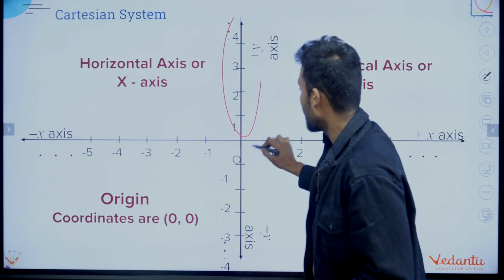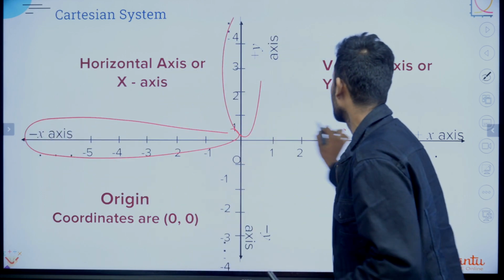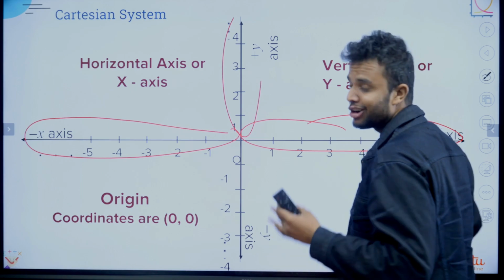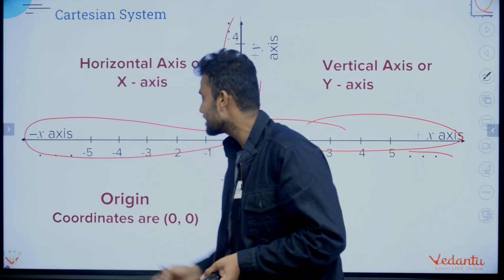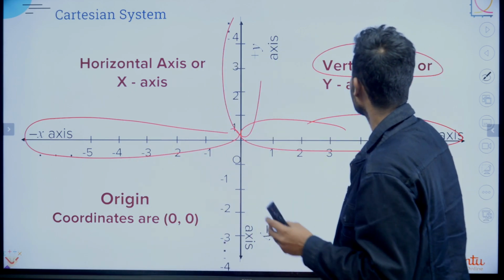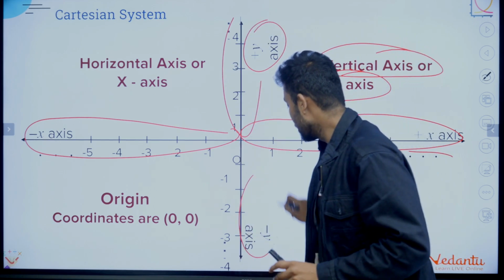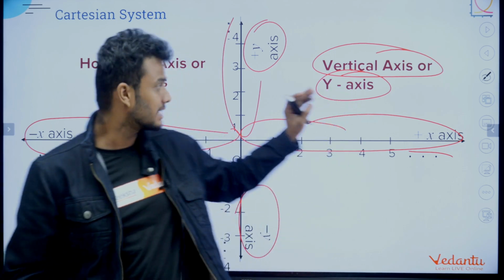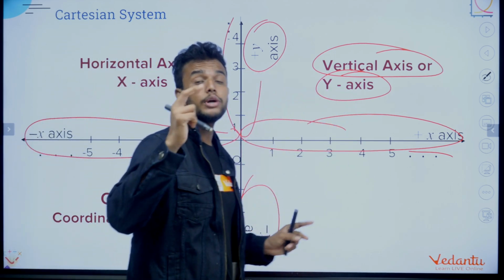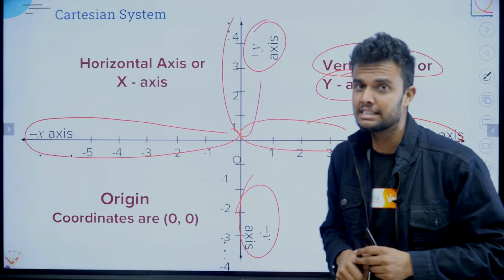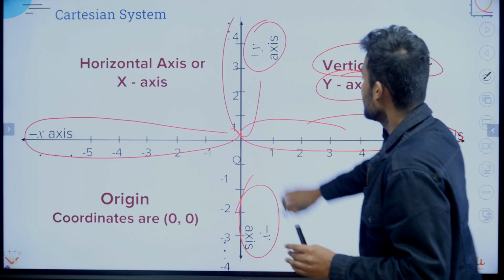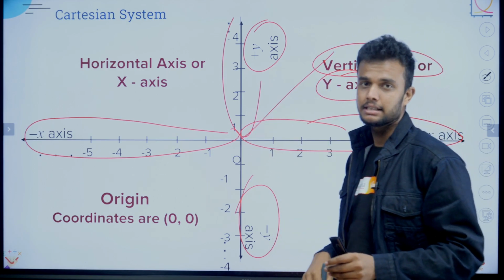Students, we already know the horizontal axis. The horizontal axis is nothing but this one. This side is called the positive x-axis, and this side the negative x-axis. What about the vertical axis? The vertical axis is called the y-axis. Above is the positive y-axis, below is called the negative y-axis. This is the Cartesian system. This is a 2D Cartesian system, but in 3D another axis is there, the z-axis.